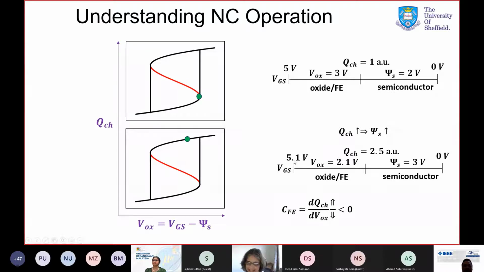When you increase this gate voltage a little bit, to 5.1, instead of continuing to rise, the transistor swaps over to this point, and you can see that now the oxide has only 2.1 volts across it, and much more of this voltage is dropped across the semiconductor. That means the channel charge has gone up, but dVOx has gone down, and this gives us what is known as negative capacitance.